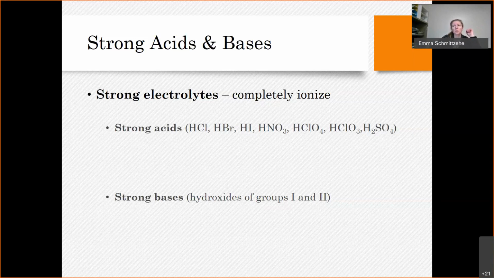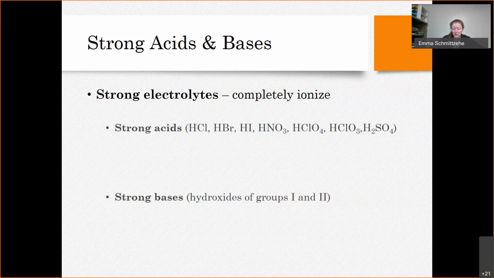So those you just generally are expected to know, okay? Now your book gives you a table of them. You can look up in the table, but you need to be aware there is just this short list of substances that act as strong acids, and anything else you identify as an acid would be weak, okay?